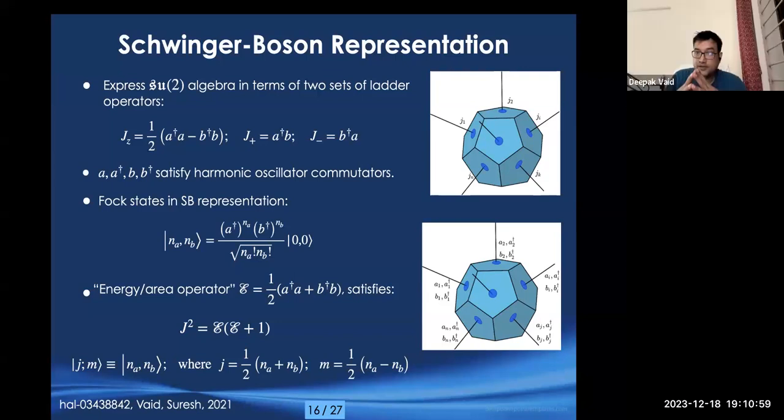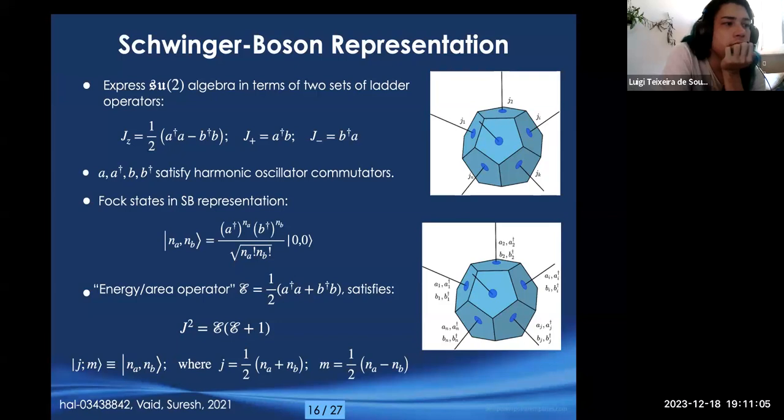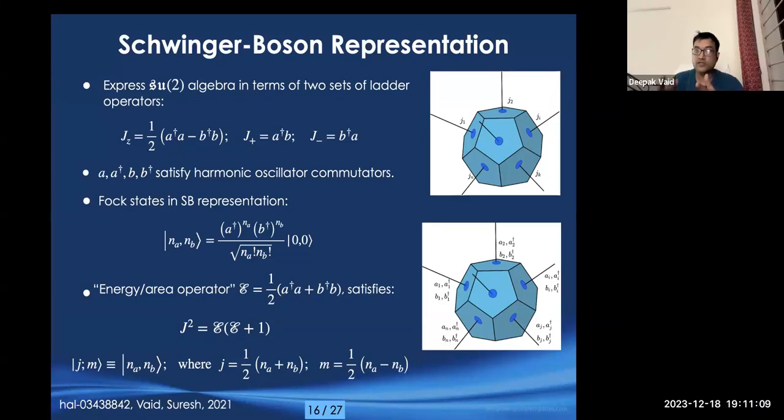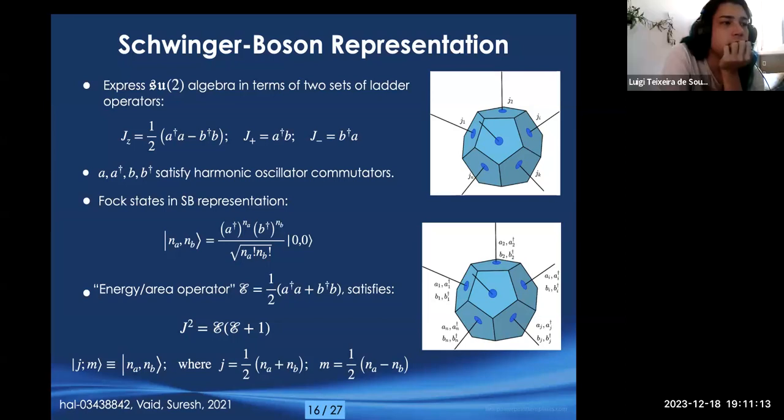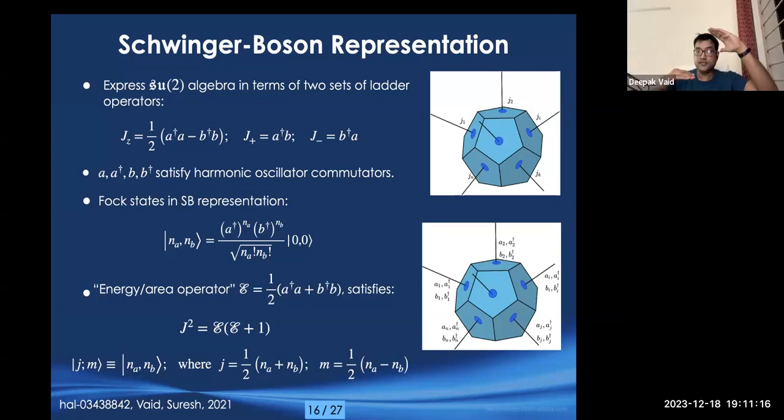Or 3, 1, or 2, 2, or 1, 3. So it's like you have these oscillators. The total energy corresponds to the area. So if you change the energy of one oscillator, decrease it, and increase the energy of the other oscillator, you are not changing the total energy.